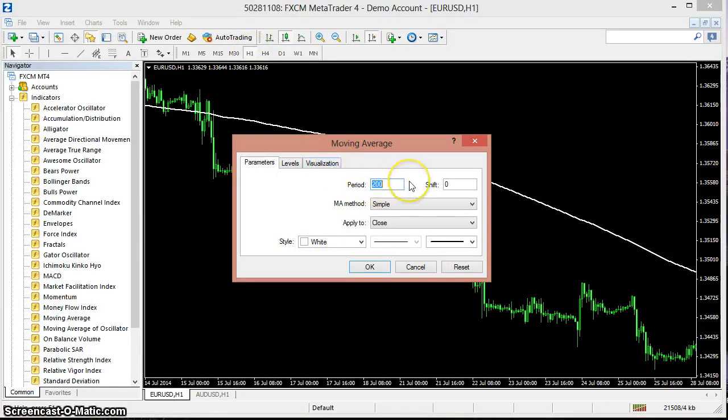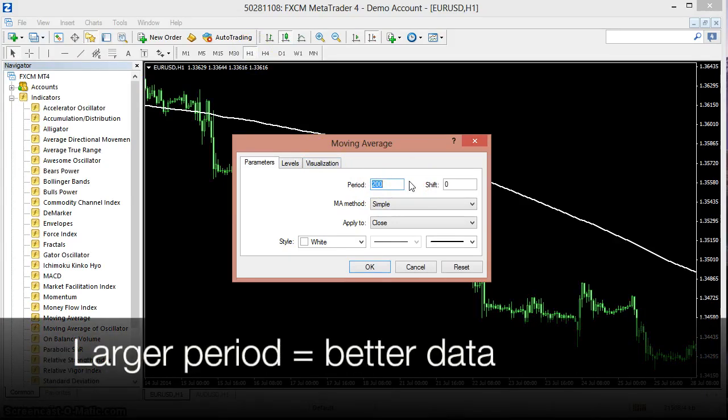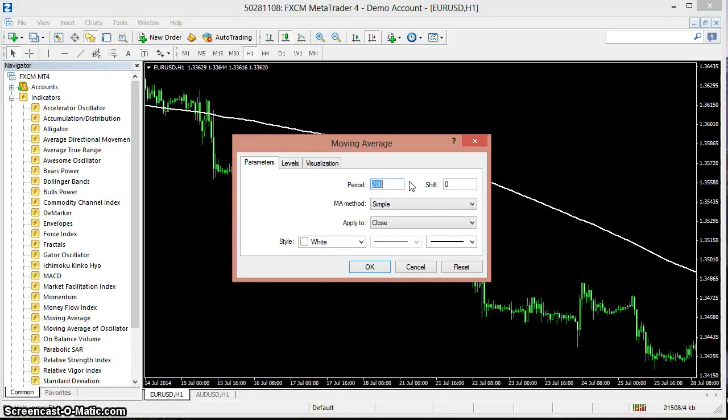And this is important. Moving averages typically should be used only with relatively large sets of data. And the reason for that is we're actually looking at the average price of a currency. And if we're not looking at a statistically significant or relatively significant amount of data, then the average is fairly useless.